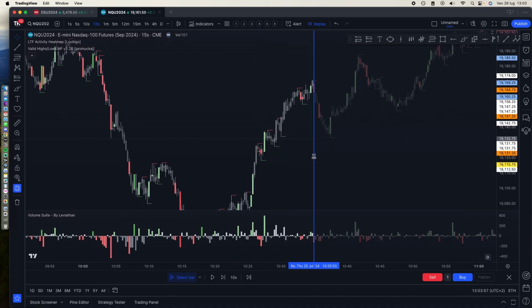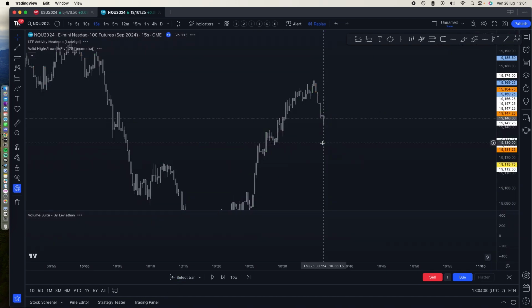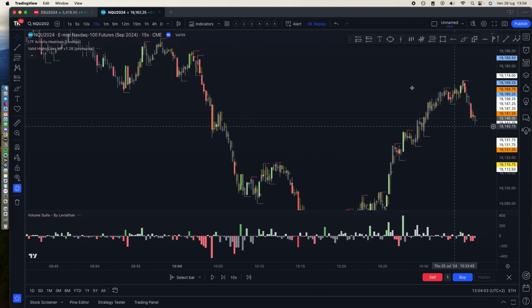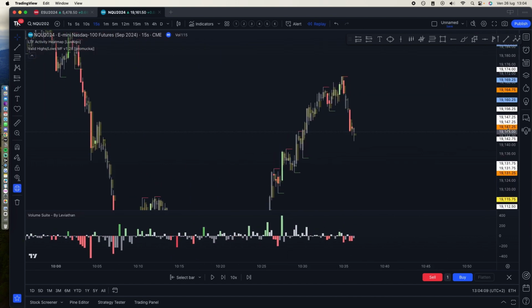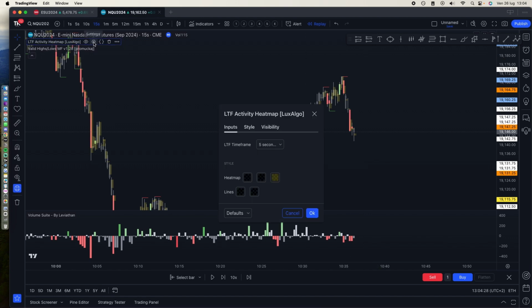Last but not least, one good thing that I just discovered on TradingView to really know in which level, in which part of the candle we have to trigger, in which part is the highest concentration of volume, is the Lower Timeframe Activity Heatmap by LuxAlgo.